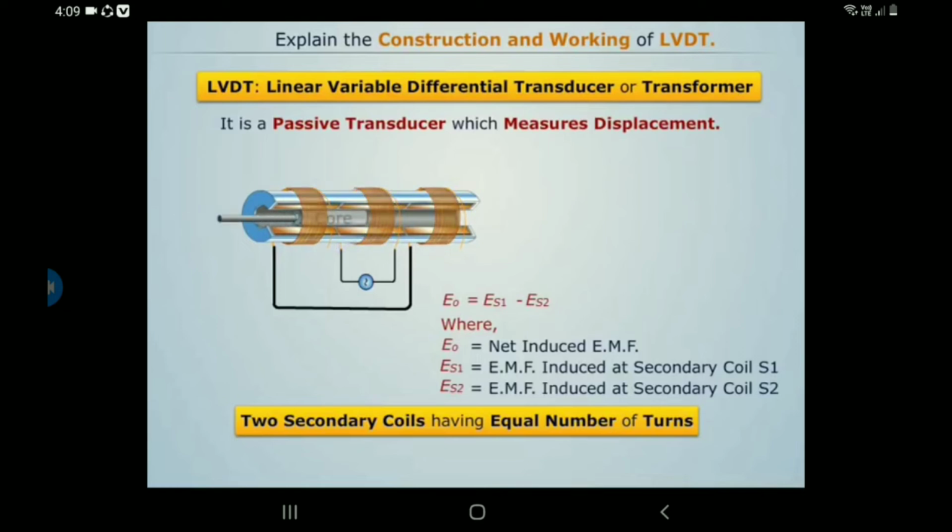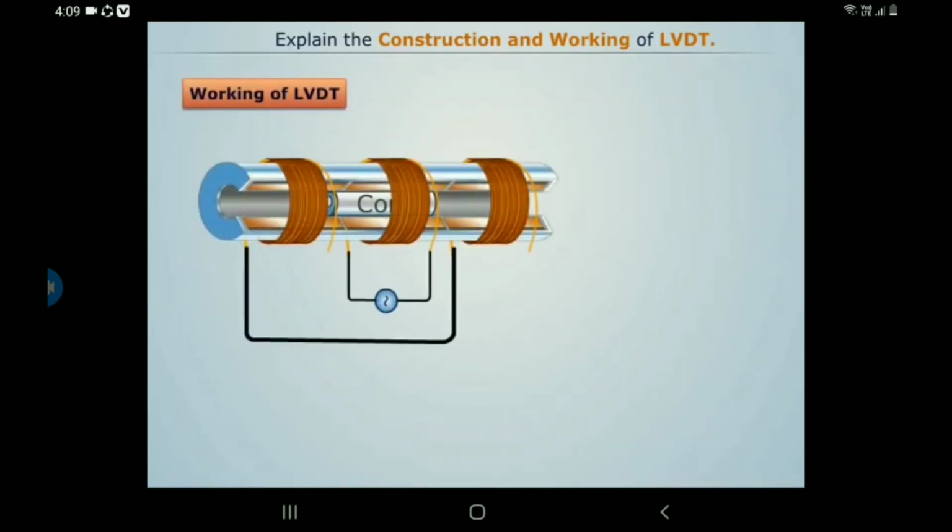We see that a movable soft iron core is placed inside a hollow cylinder. The position of this core with respect to the two secondary coils will affect the magnetic coupling between the primary and two secondary coils. Let's now understand how this LVDT works. When an AC source is activated, alternating current starts flowing through the coil, due to which a varying magnetic field is produced.